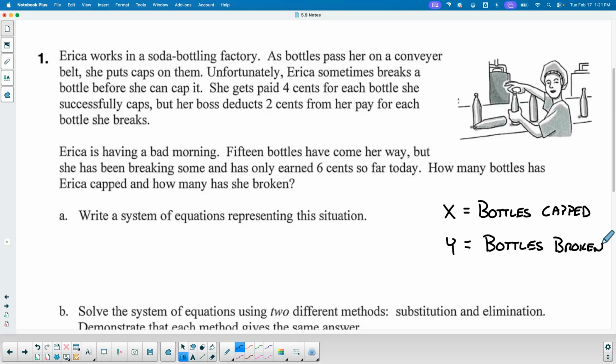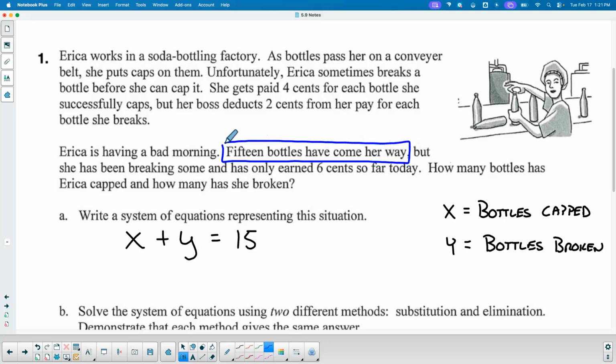X plus Y equals 15, because there's 15 total bottles that came by? Yes. I would concur with X plus Y equals 15 is the 15 bottles have come her way. That was this part right here. That's going to be that one right there.